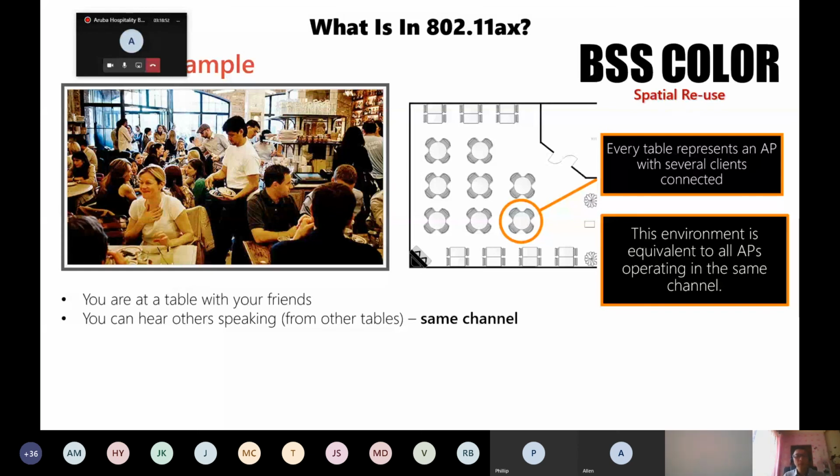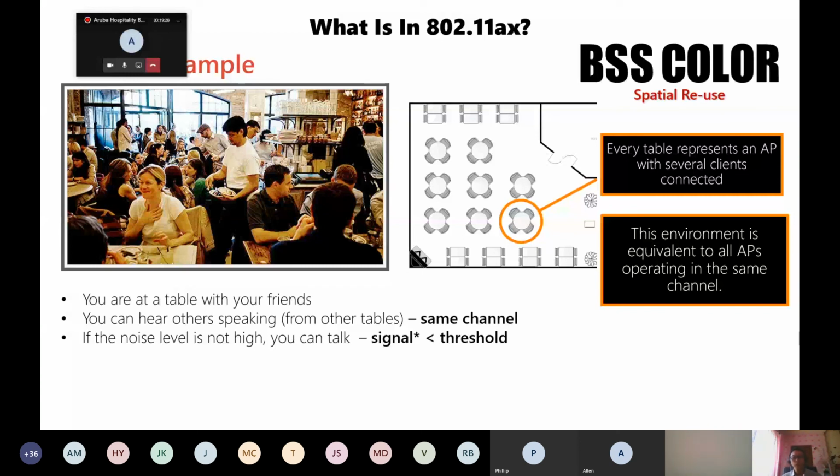The point here is, are you able to speak to your friends on the same table, despite the noise from other tables? The answer is yes, provided that the noise from the other tables is not high enough to prevent your friends at your table from hearing you. Get a picture? So there is a certain threshold, and that threshold is dynamic. It's different for different tables.